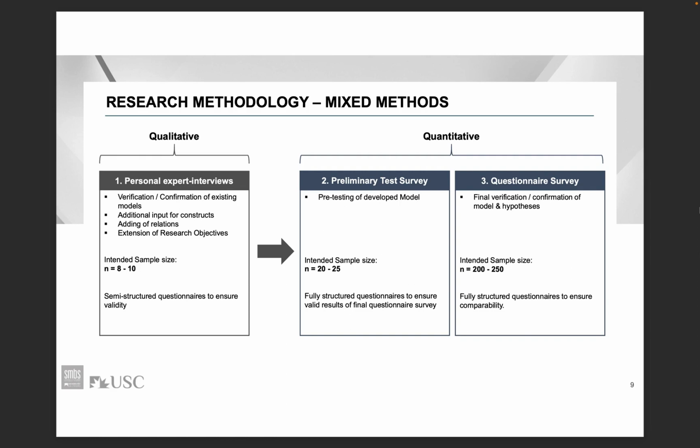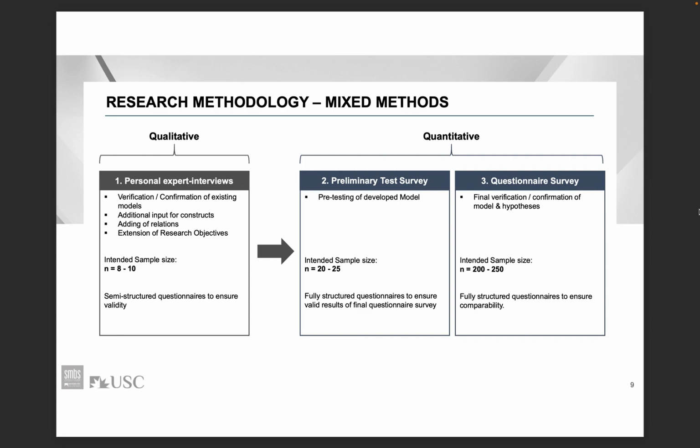I want to check if there's additional input for my constructs, maybe add some relations that are in addition as a result of the literature review, and maybe the extension or adaptation of research objectives that I've made. And the idea is to do it with a semi-structured questionnaire to ensure the validity.